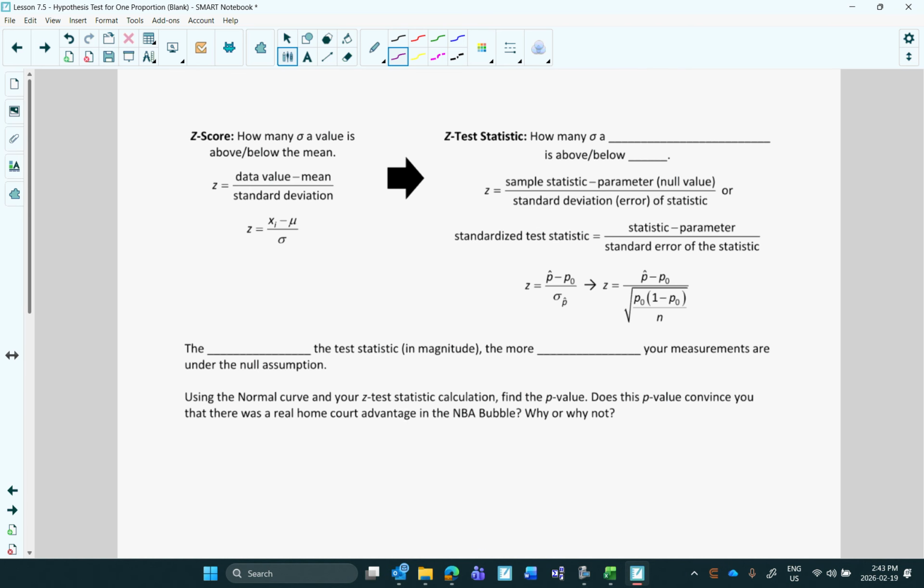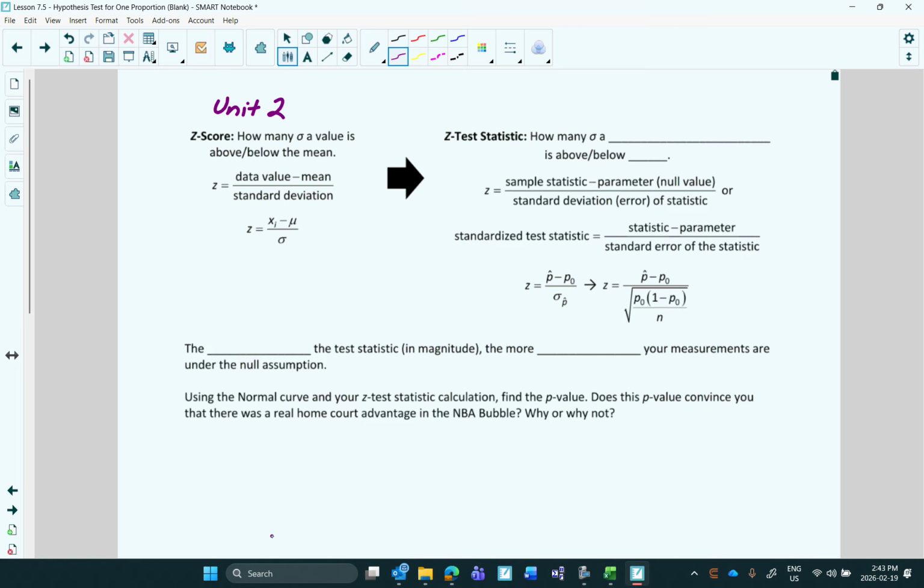So I've written this. This is what we did in Unit 2. This is what we're doing in this unit, a Z-test statistic.